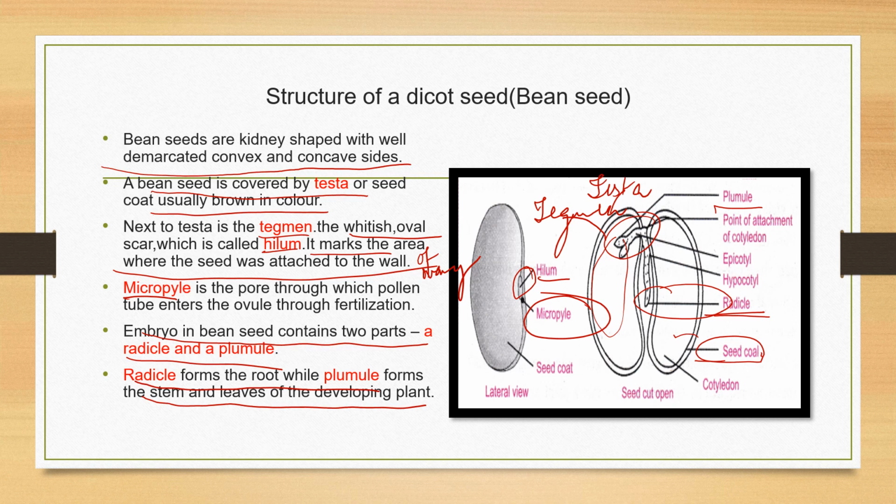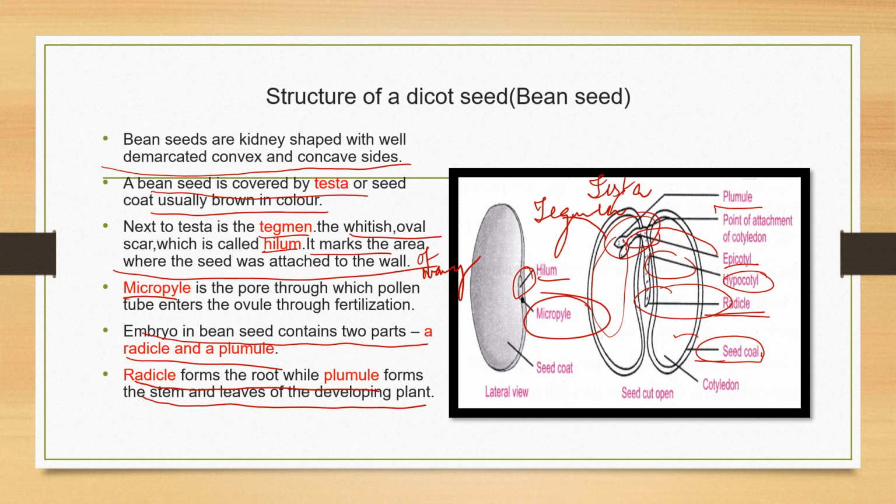In the previous slide we discussed the monocot seed, and before that we discussed the general structure of a seed. Here you can see the epicotyl part and the hypocotyl part. Previously we explained what the epicotyl and hypocotyl are. The epicotyl is the part just above the cotyledons, and the hypocotyl is the area between the cotyledons and the radicle.